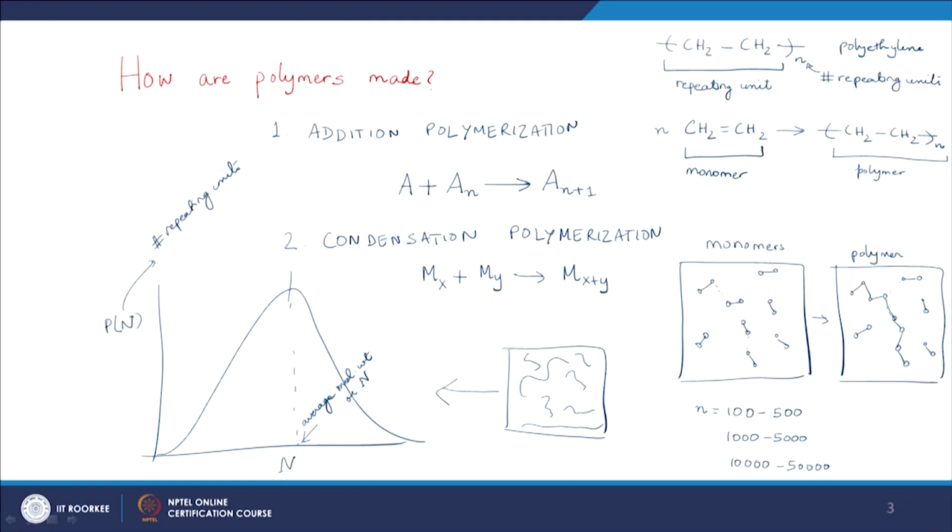I mostly refer to N as the number of repeating units, but it can also refer to the molecular weight. And the key idea is that when N is larger, the polymer becomes larger. And then the width of this distribution is what we refer to as polydispersity. Okay.